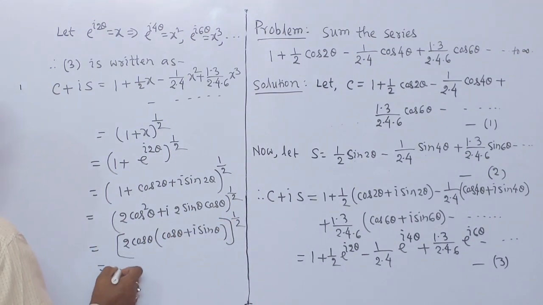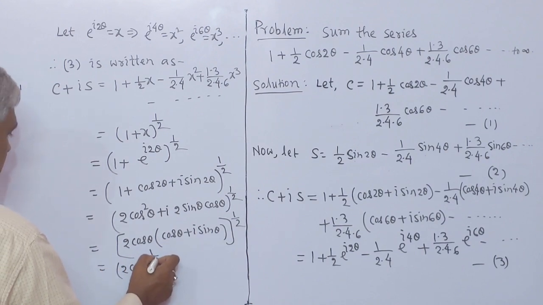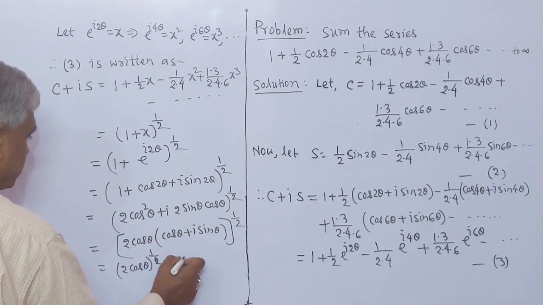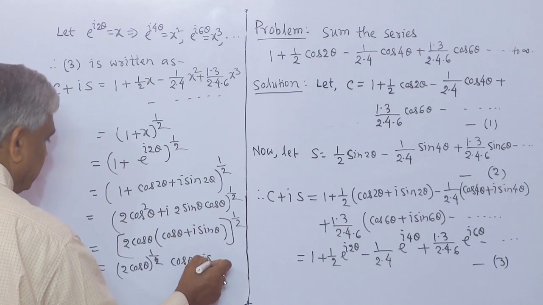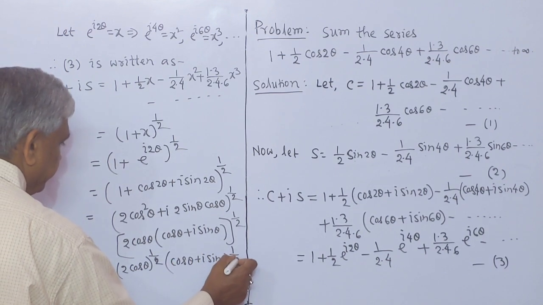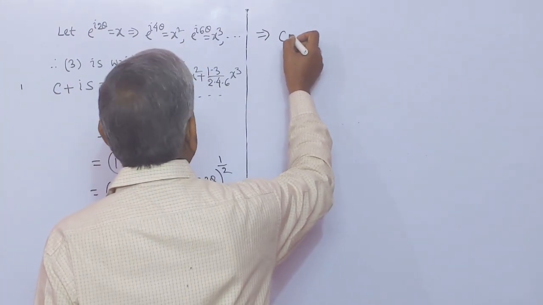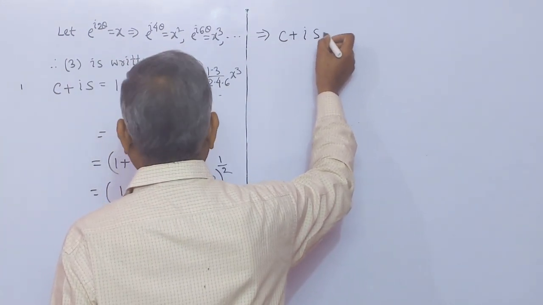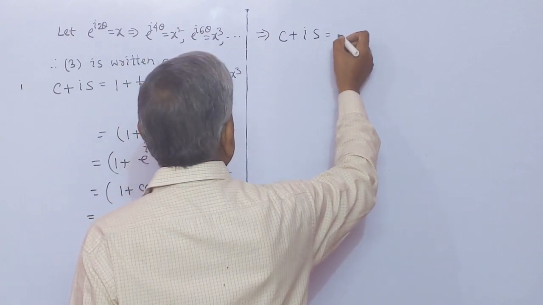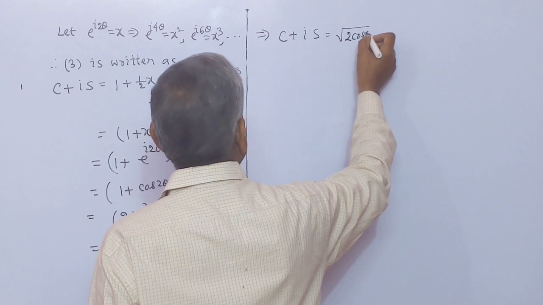This is equal to 2 cos theta to the power half, cos theta plus i sin theta to the power half, implies that C plus iS equal to square root 2 cos theta.